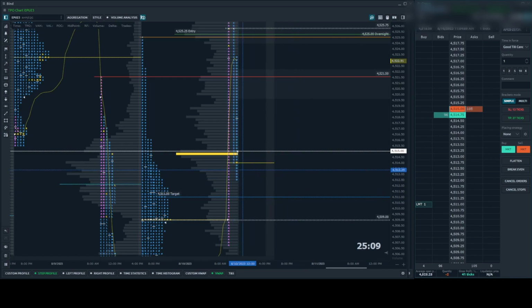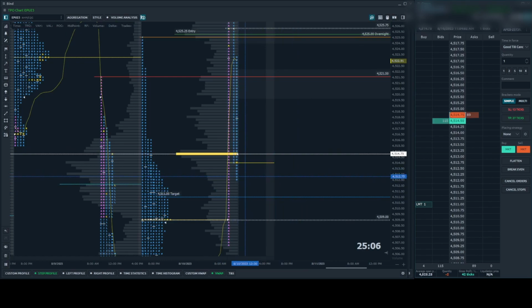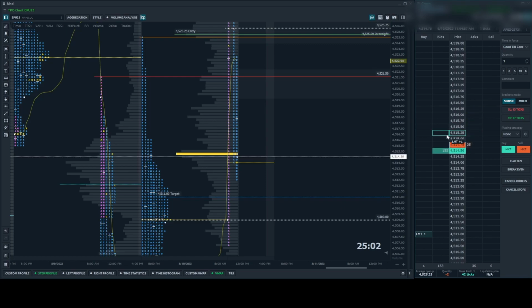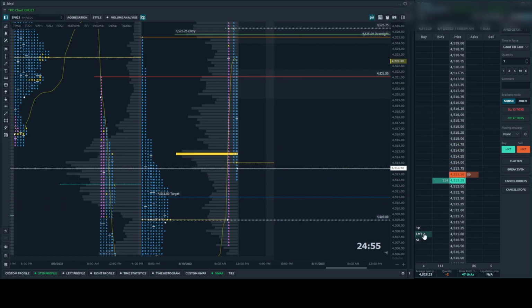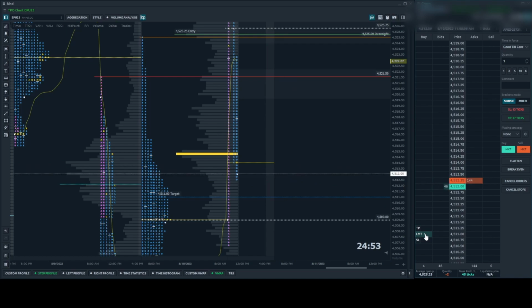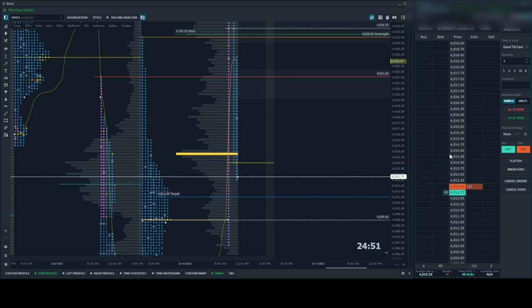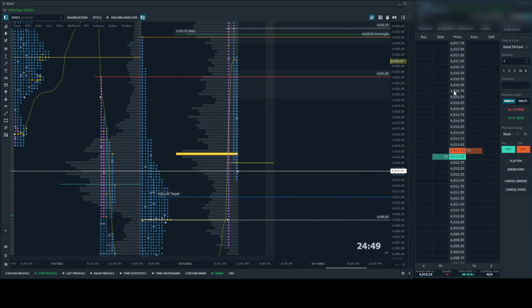If we even get close down here again, I'll take it. You can see how that POC shifted. There's 48 ticks. I'll take that for now.